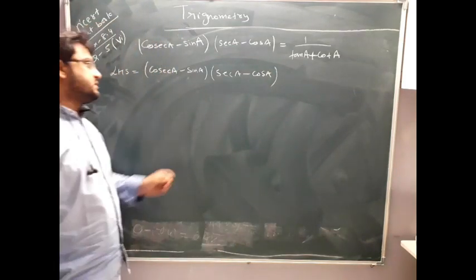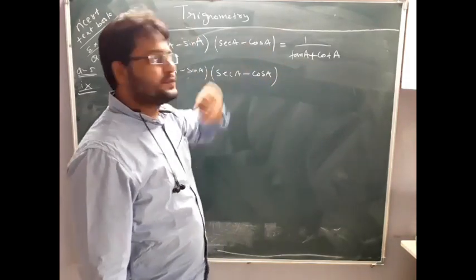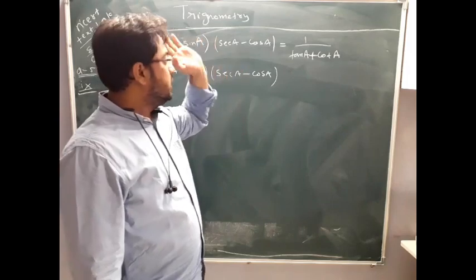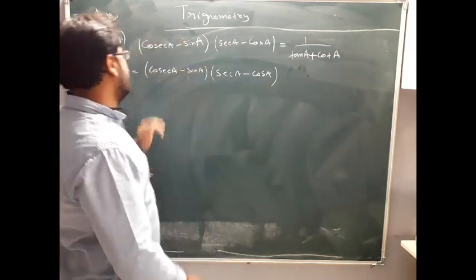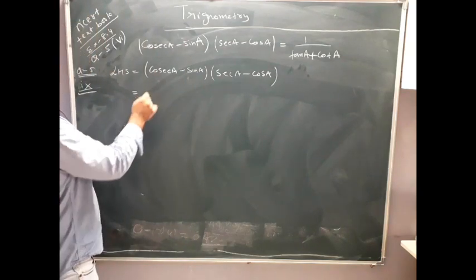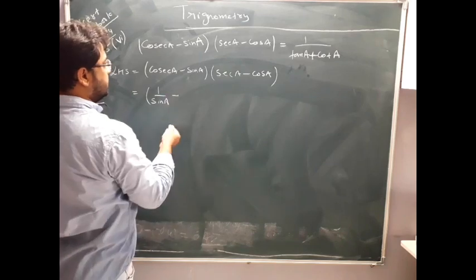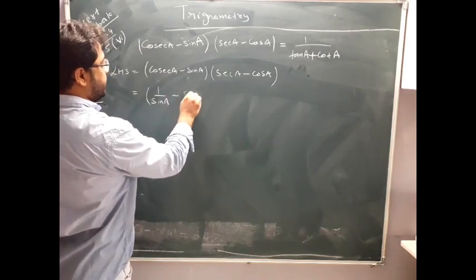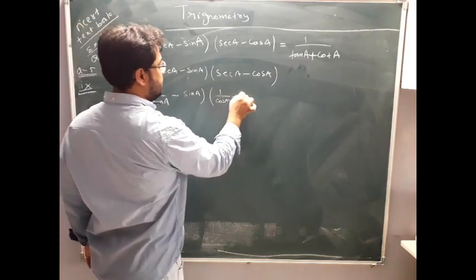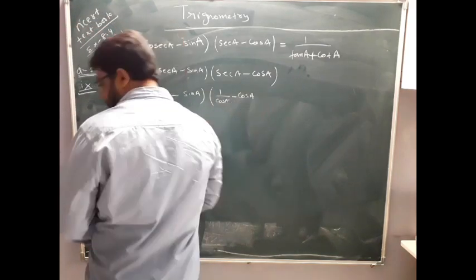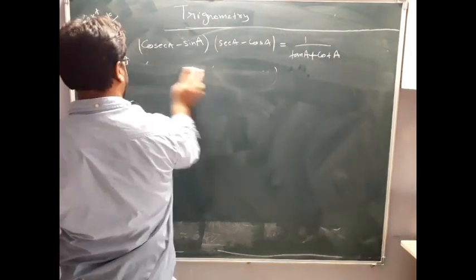Now see here, sec and cosec have a relation with tan and cot. But in the previous problem, tan and cot were on the numerator side, whereas here they are in the denominator side, so we have to go with the conversion of cosec here. So here I have written 1 by sin A minus sin A, and sec A means 1 by cos A minus cos A. Or I will write it down first in small writing.